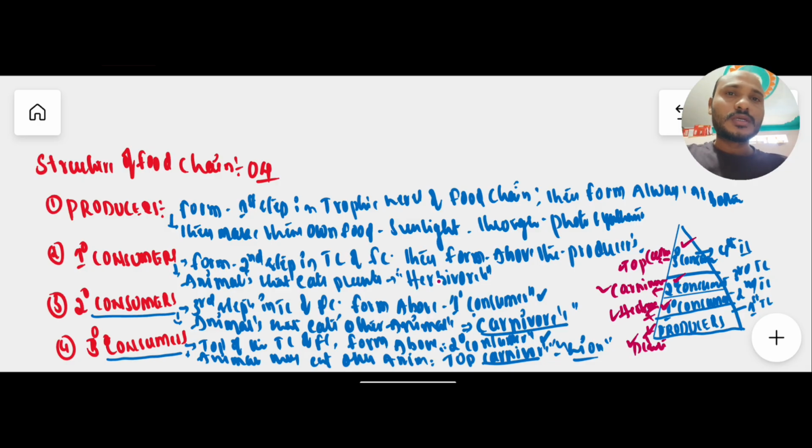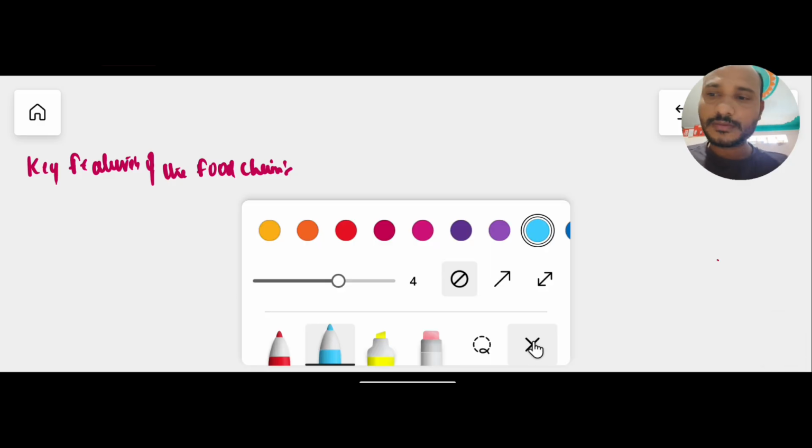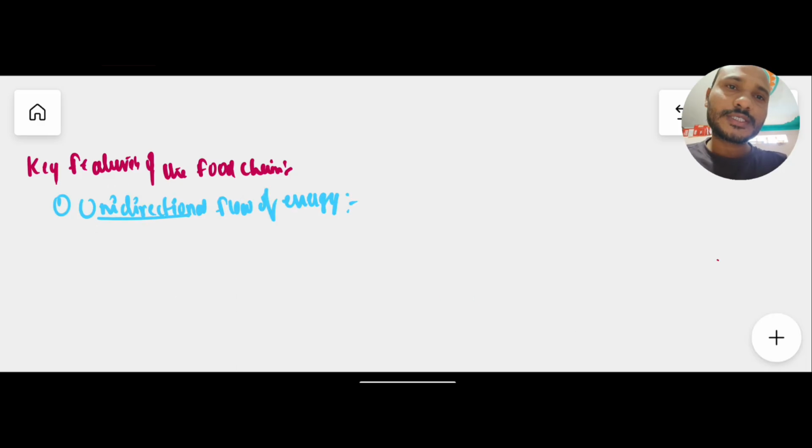Yes, now we move on to the key features of the food chain. NCERT highlights two important features of the food chain, so we will discuss those two features. One is the unidirectional flow of energy. It means that energy flows in only one direction. Very important.